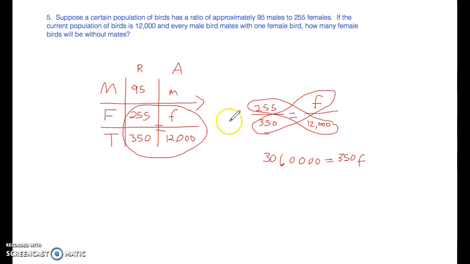Then we're going to be rounding to the nearest whole number. So if we round that, we should get 8,743.